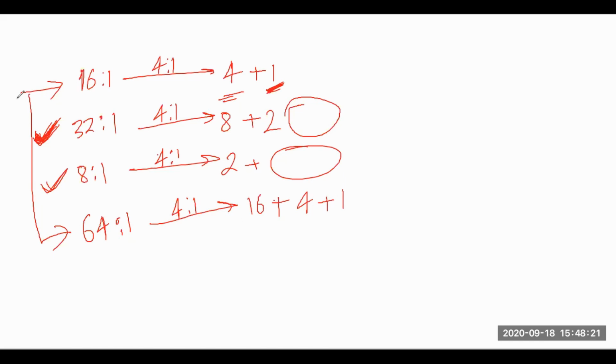Okay, so these two cases, this one and this one, are similar. Okay, so first we will discuss this type of cases whenever you are getting 1 as your digit at the end. Okay, so first we will go with the 16:1 multiplexer.